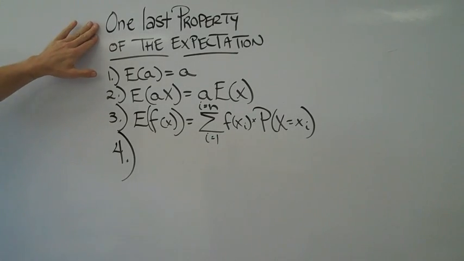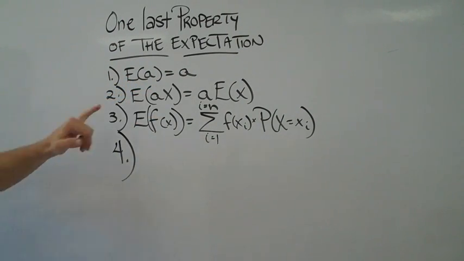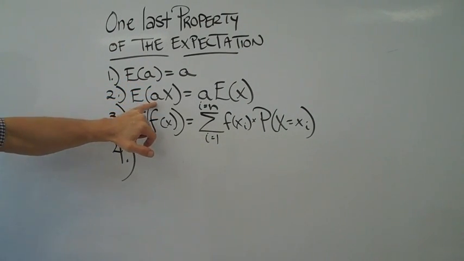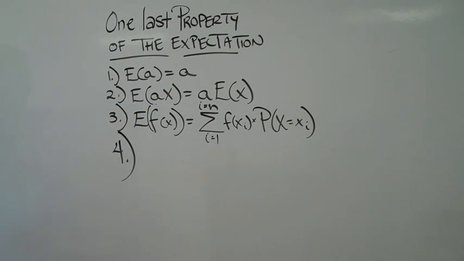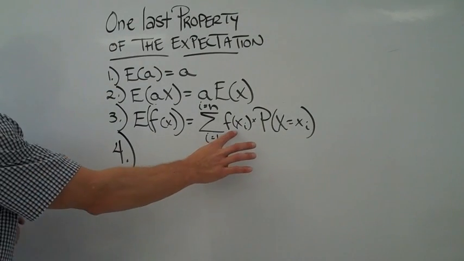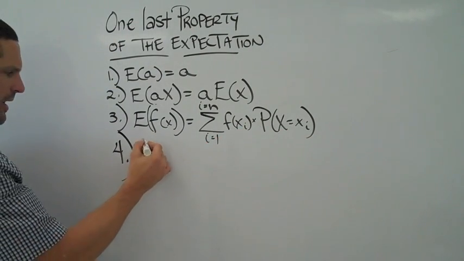One last property of the expectation. We saw that the expected value of a constant is the constant. We saw that the expected value of a constant times our discrete random variable means just pull out that a in front. We saw that the expected value of a function is, instead of having an x, we take f of x times the same probabilities. Well, here's that last one.